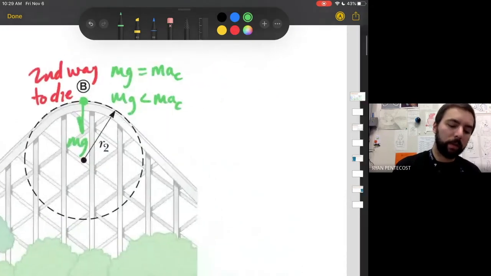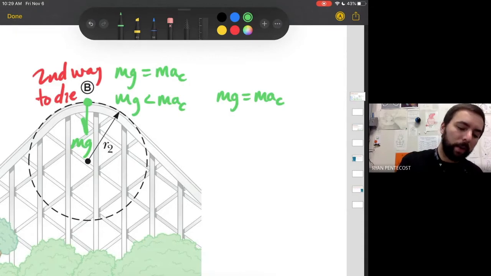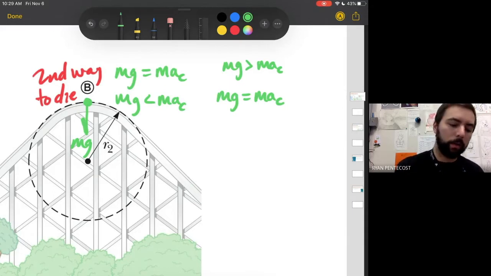Now, let's actually look at what happens when we have mg equal to mac. If mg is greater than mac, it's kind of a lame roller coaster, right? If you're going over the crest of a roller coaster and you're just sitting firmly in that chair, that's kind of a bummer, so we do not want that to happen.